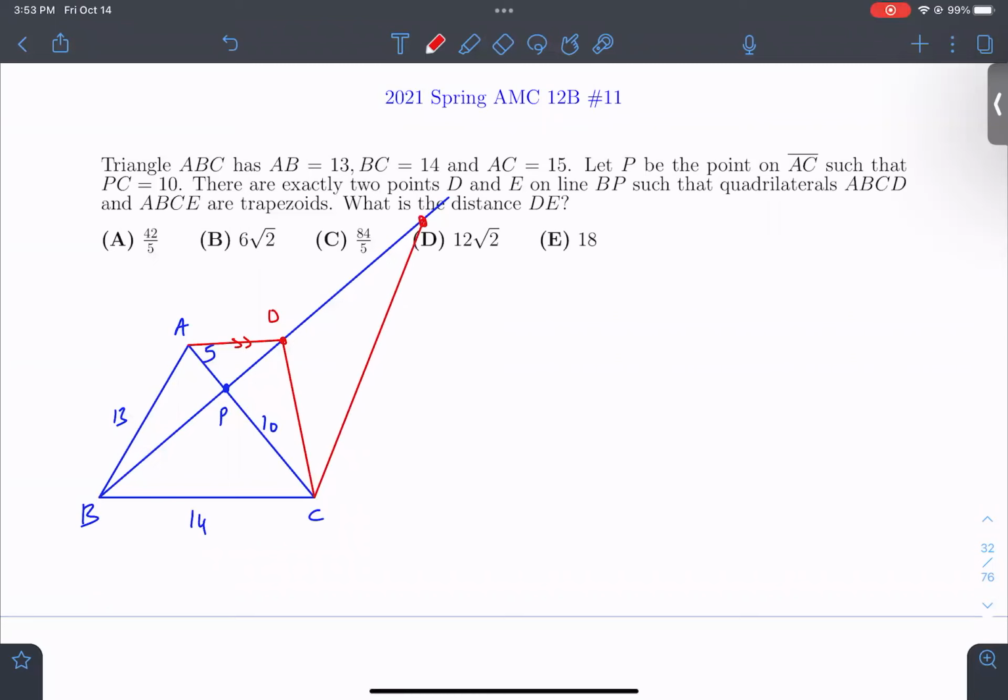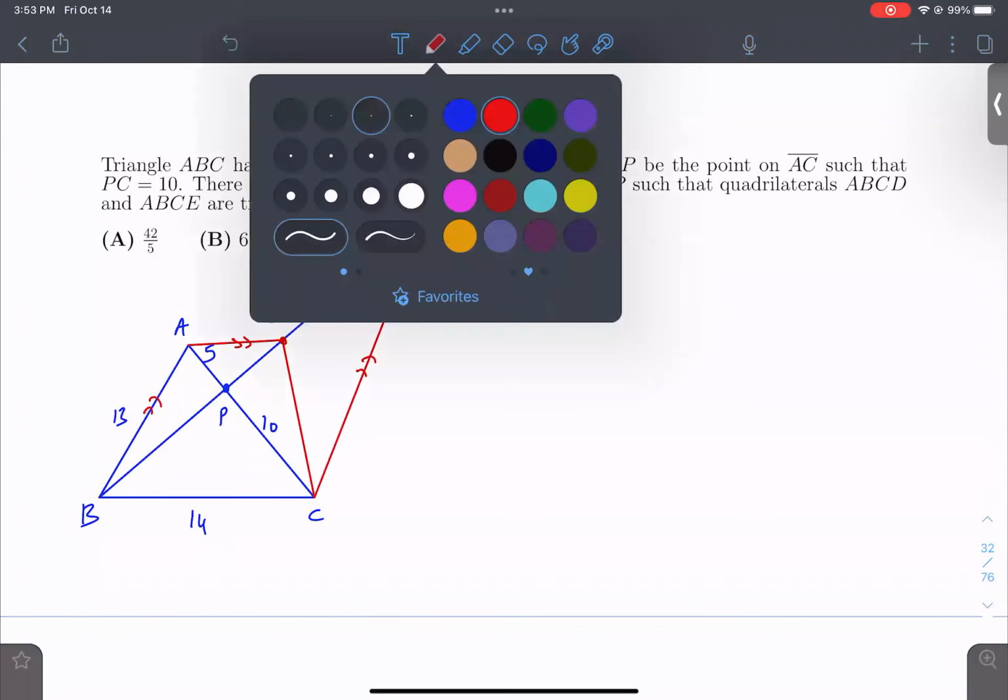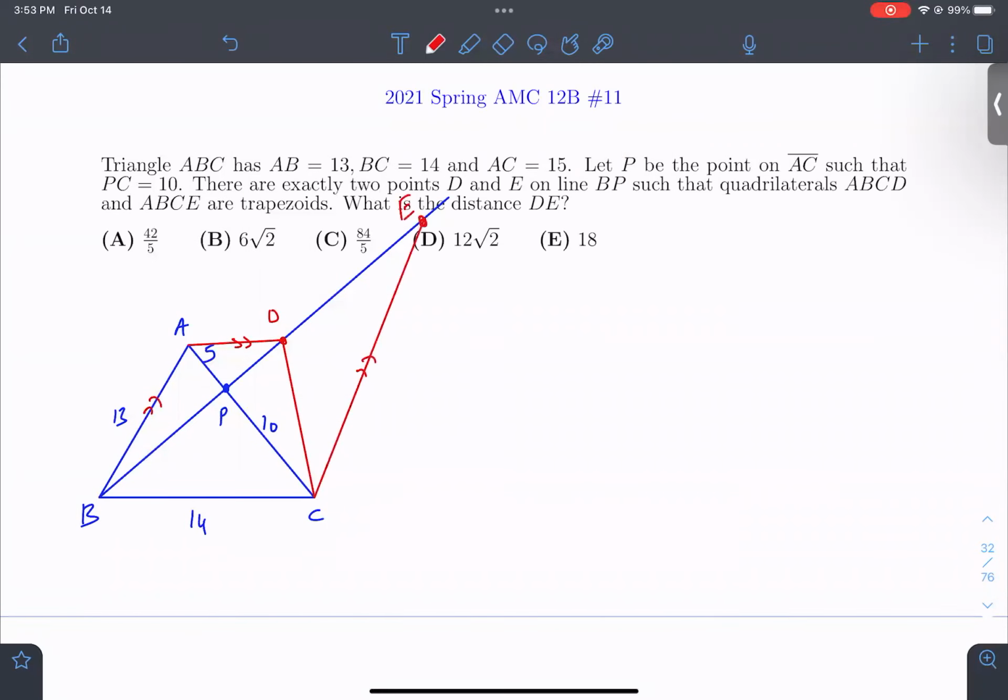Let's say this is E. This has to be parallel to AB, and we have another trapezoid ABCE. We can also draw this line. This is the trapezoid here. And we are looking for the distance between D and E.